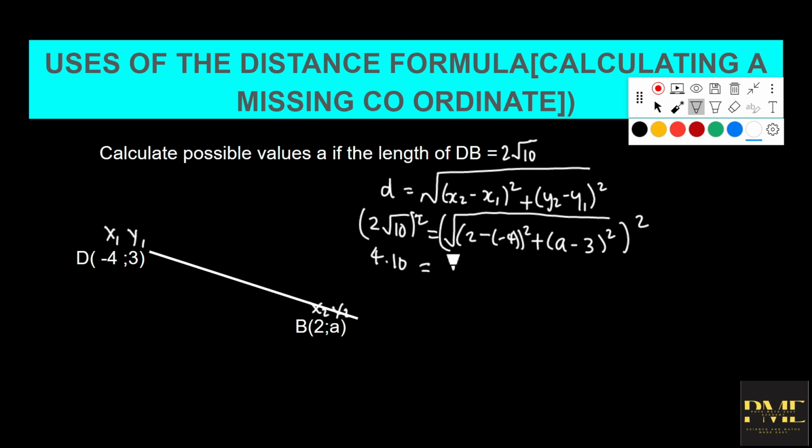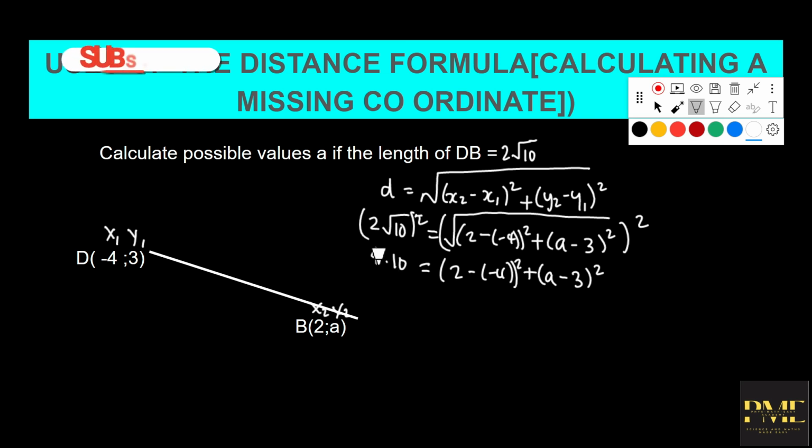Then this will be equal to, and on this side we square and the roots go away. So we are left with 2 minus negative 4, all squared, and then plus a minus 3, all squared. We're just going to do our multiplication straight across.